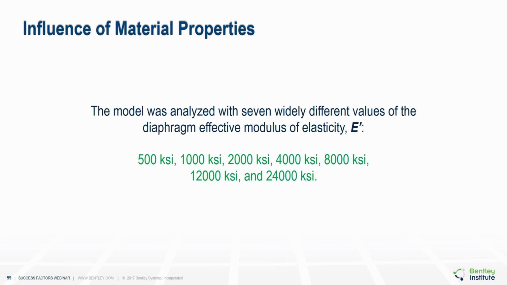So a very huge range of effective E, and analyzed the model to see what the impact was. And just so you know, I used a 4-foot mesh in each of these runs. I kept the mesh size a constant so that we could just focus on the changes in effective E.